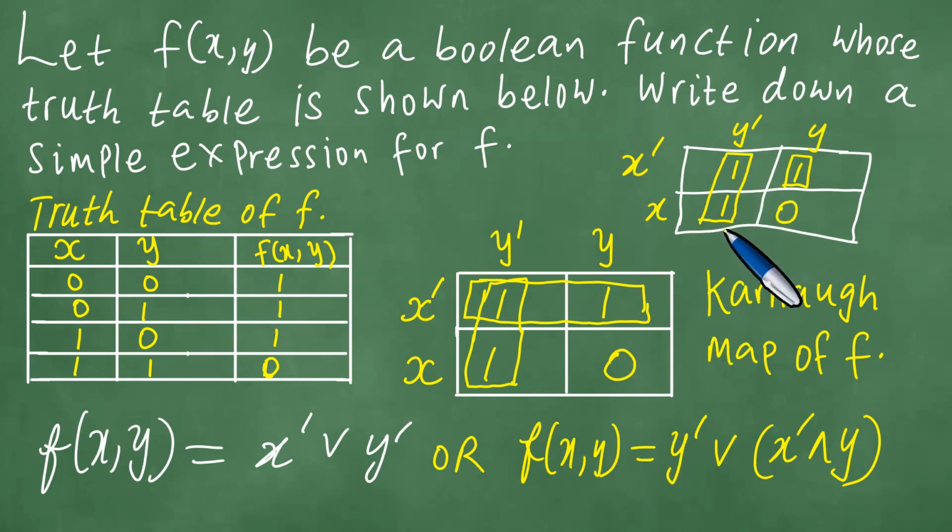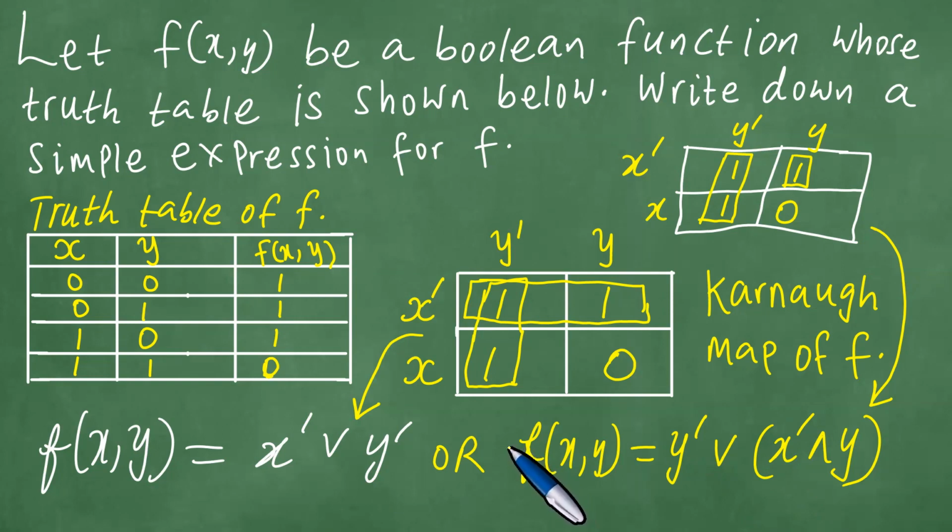This particular map corresponds with this particular simplification, or this decomposition of the ones yields that one. But we also have another decomposition of the ones like this that produces this particular simplification of the Boolean function. These decompositions of the one values yield functions that are equivalent. These two functions look different, but they are equivalent to each other.